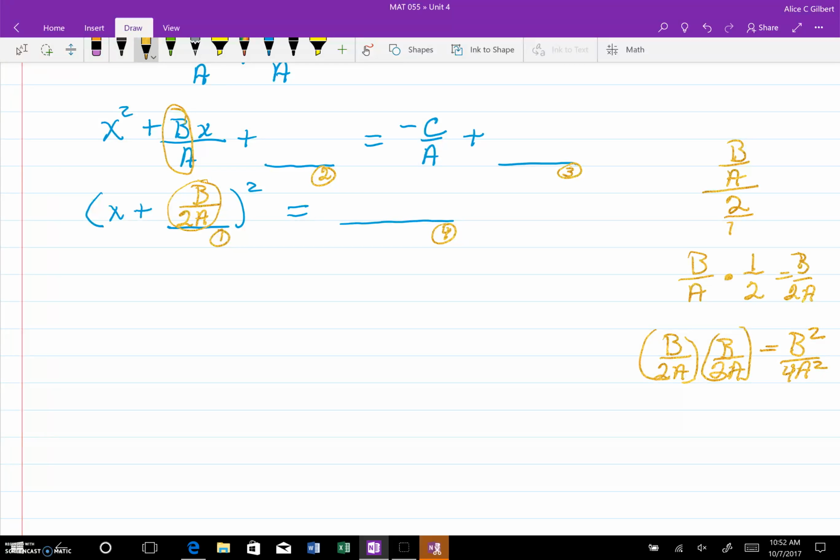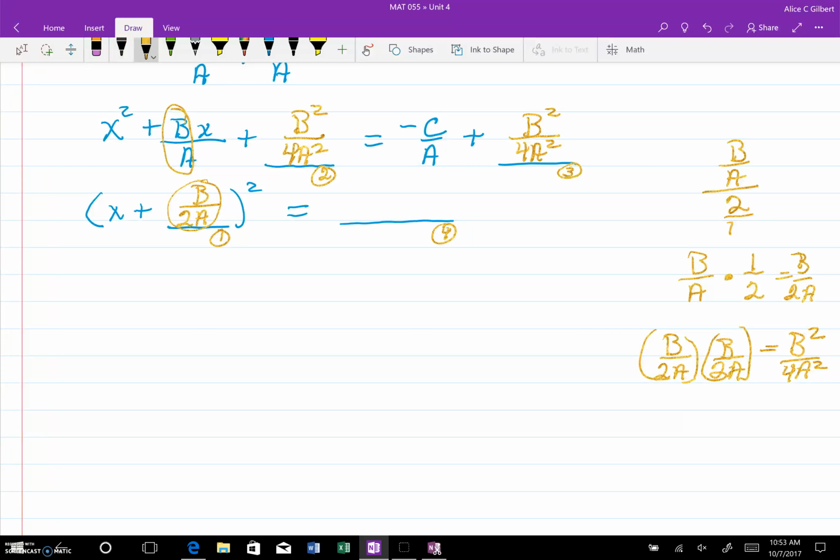And that's what goes in the second blank. So b squared over 4a squared. And whatever I put in the second blank is the exact same thing that goes in the third blank. So b squared over 4a squared.